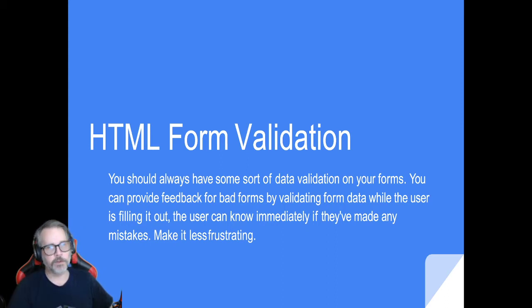Or if they forgot to put in their name, so that they can be aware before they hit that submit button that the data they're putting in is incorrect or missing. That makes it a much nicer experience for the user. Nothing's more frustrating than filling out some 10-minute form, and then you hit the submit button, and you have to do the whole form over again because you forgot one number in your telephone number or something.